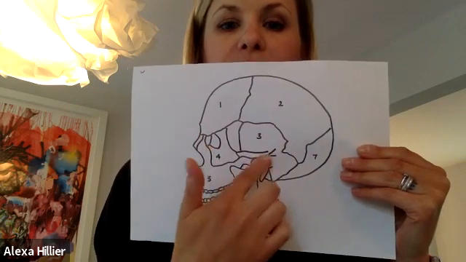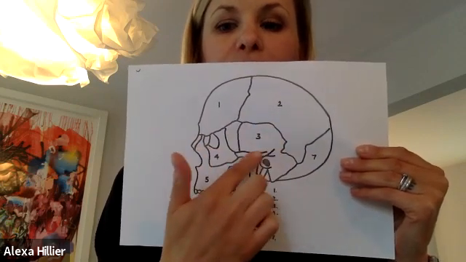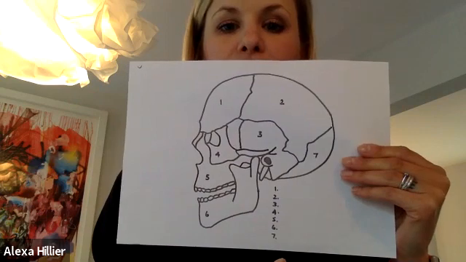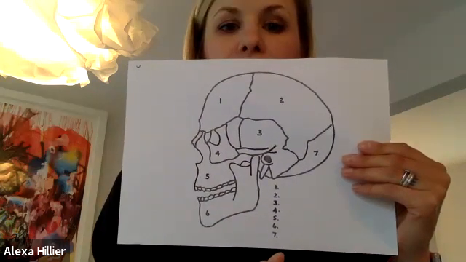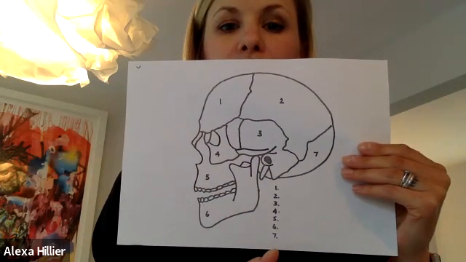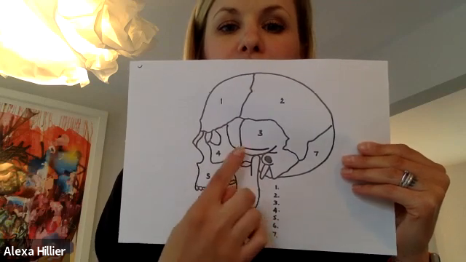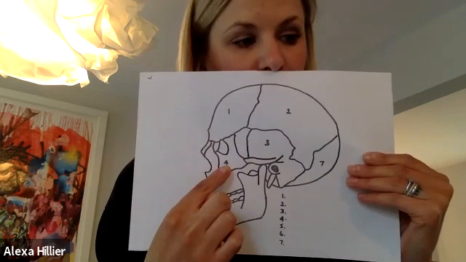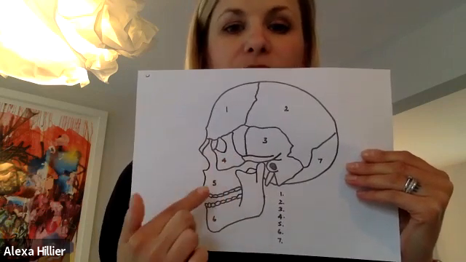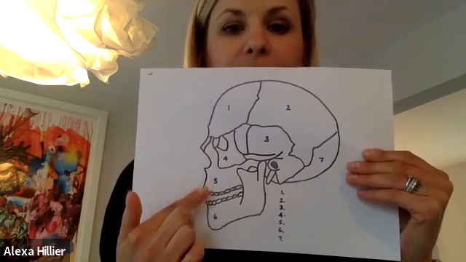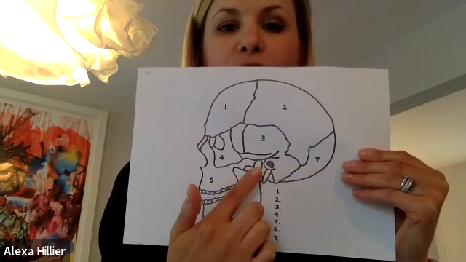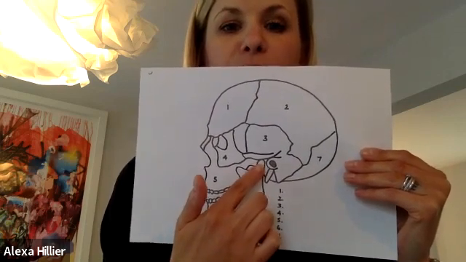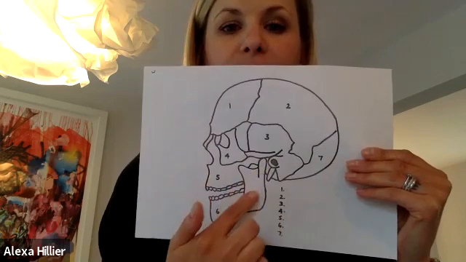Number 3 is that temporal bone. Four is the cheekbone, the zygomatic. It labels the same actually. 5 is your maxilla. 6 is the mandible, and you can see where that bone is then movable in that joint in here.